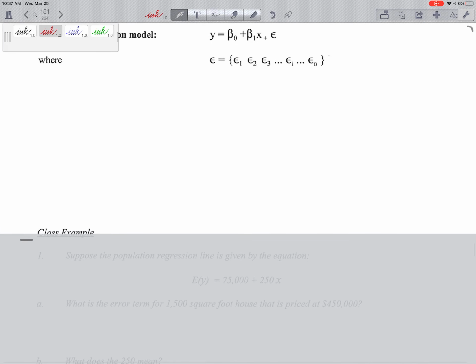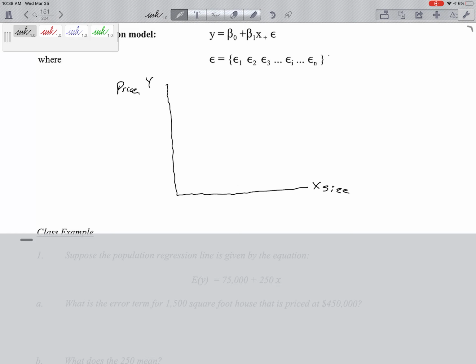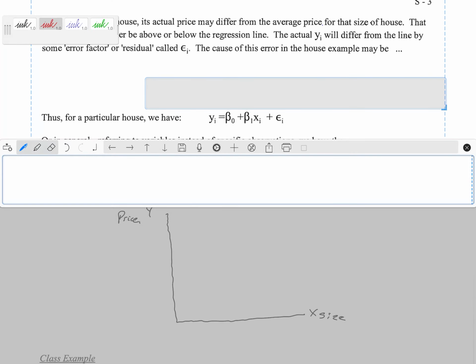So this is what the thing would look like. And I've got a little more space down here to draw this. So let's draw the same thing as we had above here, where we have the size of the house, and then we've got the price of the house. And we have this general line that looks like this.